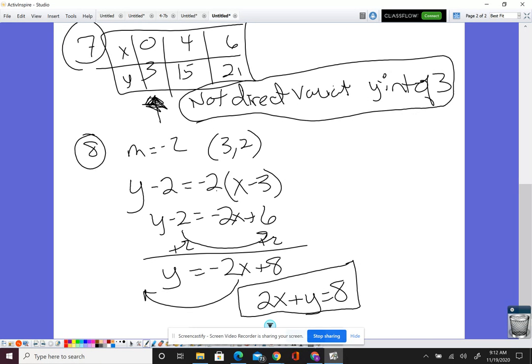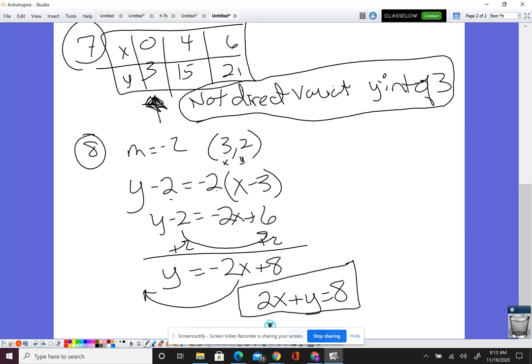Questions on that? Can you explain how you do that again, so I can copy that? Yep. They gave you slope and point, so that means I'm going to use the point slope form. I put my y value in there, y minus 2, my slope of -2, x minus 3, my x coordinate. I distribute out the -2, it becomes -2x plus 6 equals y minus 2.